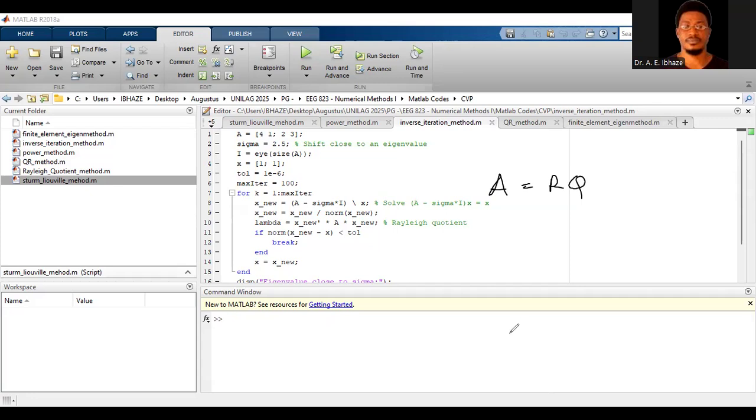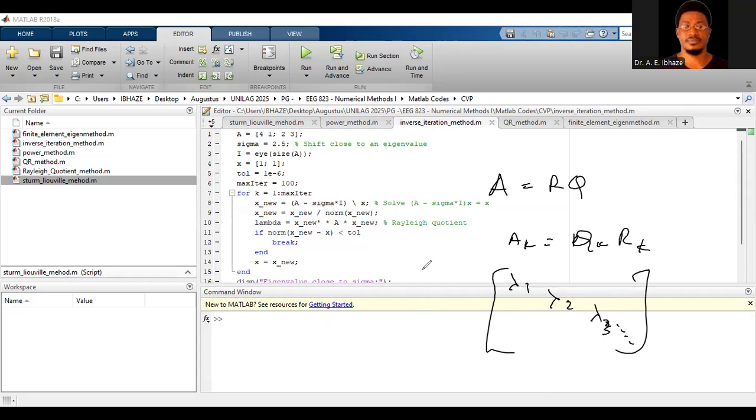And then it's able to perform the decomposition such that A sub K is the same as Q sub K R sub K, until A sub K converges to the diagonal matrix. And then the diagonal matrix is the eigenvalue of the system.